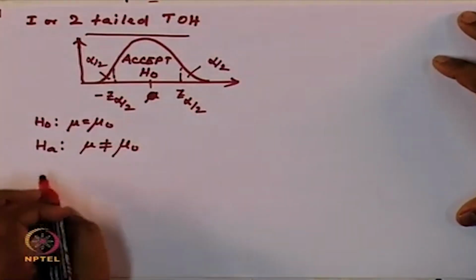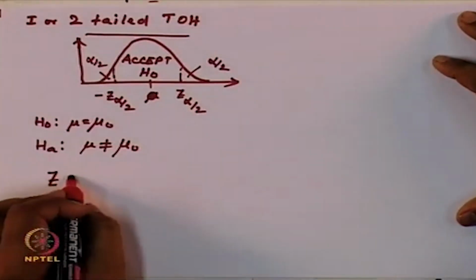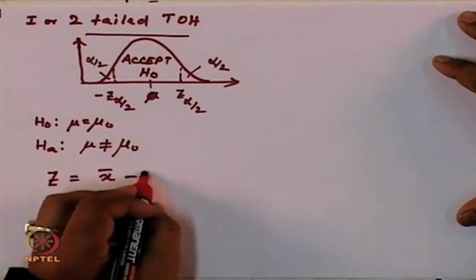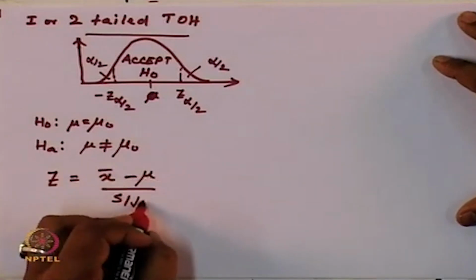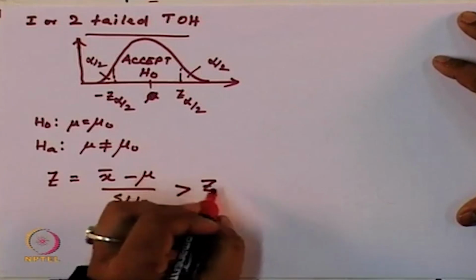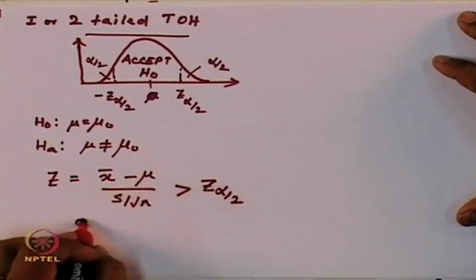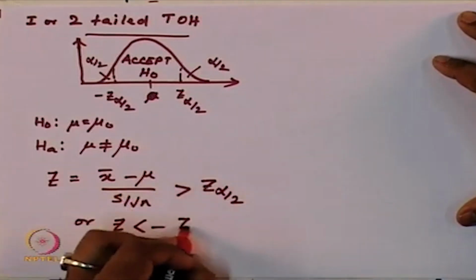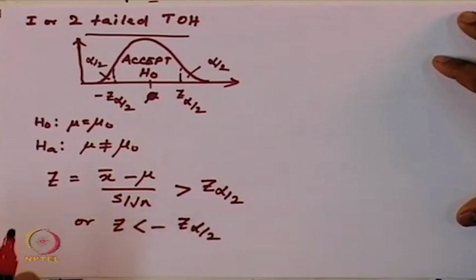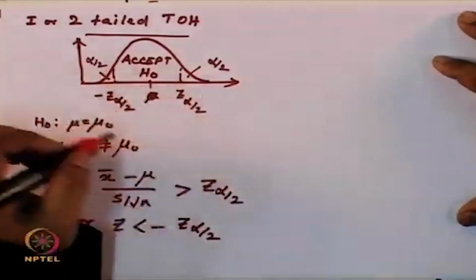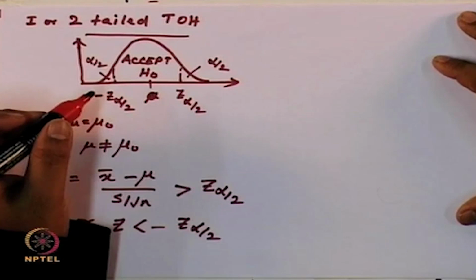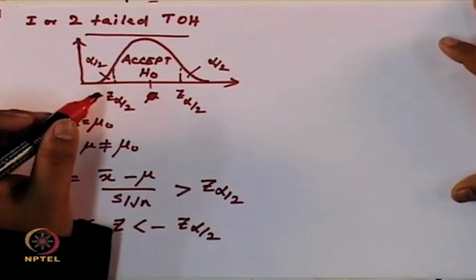So, if the z value for your test statistic, let us say x bar minus mu by s by root n, is greater than z alpha by 2, or z is less than minus z alpha by 2, then H naught can be rejected, otherwise you cannot reject H naught.